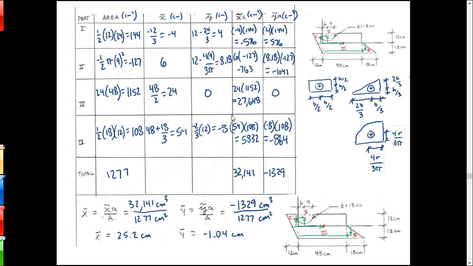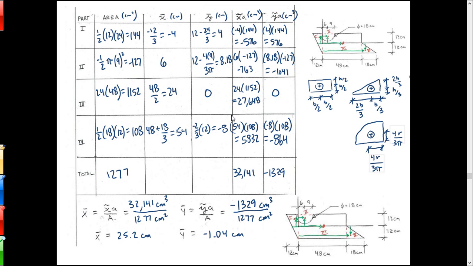And then you just divide out. Take the X bar A over the total area. You get the X bar, it's 25.2. Y bar A over the total area gets you -1.04. And that's where the centroid's at. That's where the balance point is at for that shape.